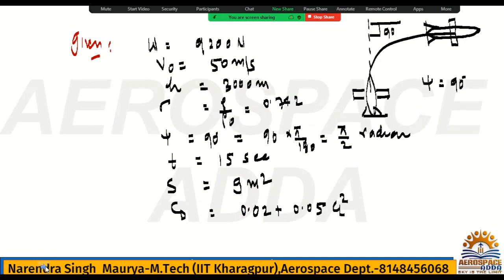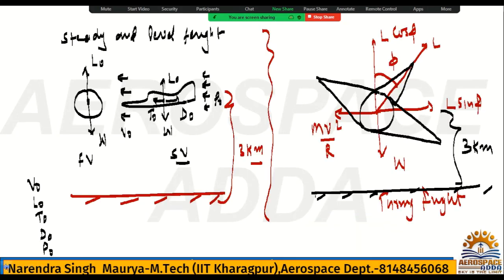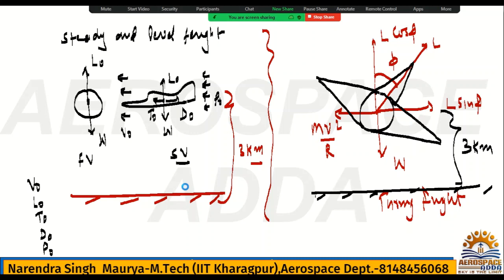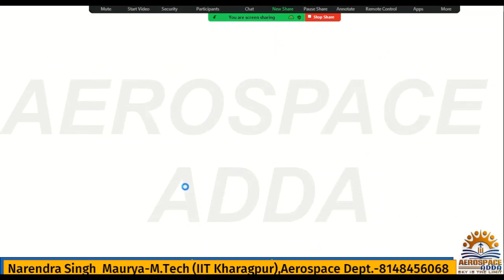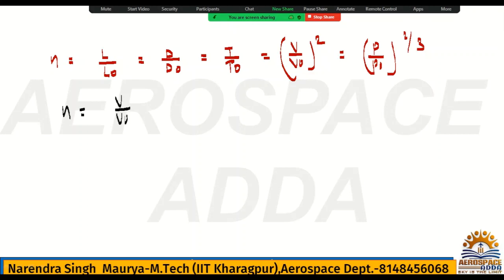Now what I was saying: you are supposed to calculate first the turning speed, that means V, they are asking. You have to calculate V anyway, so directly use the formula here only. See, n is equal to (V upon V naught) squared, so V is nothing but root n times V naught. What is the value of n?